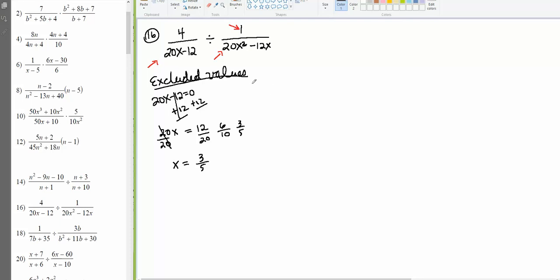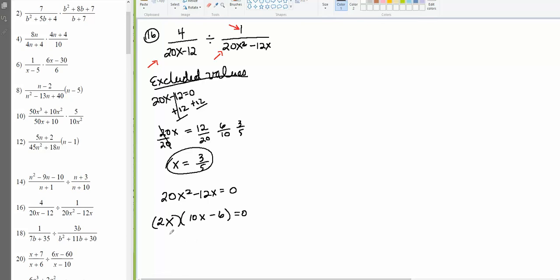The next denominator is, alright, so this is 1. It's 20x squared minus 12x equals 0. And we're going to factor out a 2x, and we're going to get 10x minus 6 equals 0.